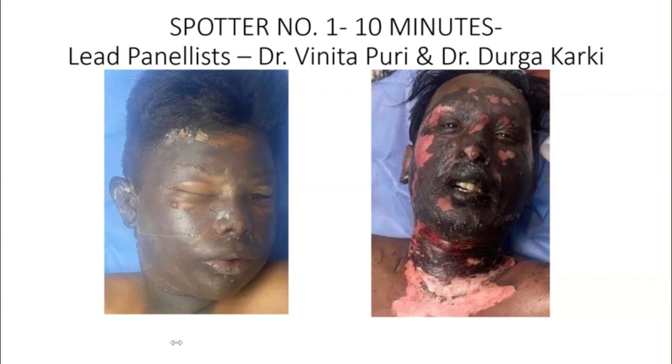Regarding the pathophysiology, you are not very sure about the very specific pathophysiology of inhalational burns. What happens is that when there is damage to the airways, permeability increases, secretions increase, and there is formation of fibrocellular casts, which plug the alveoli and distal airways, which is very important.